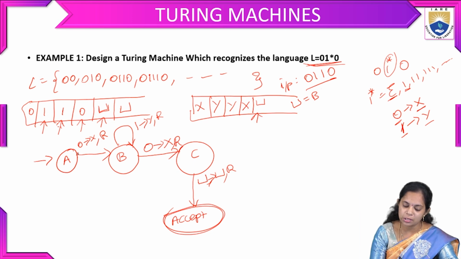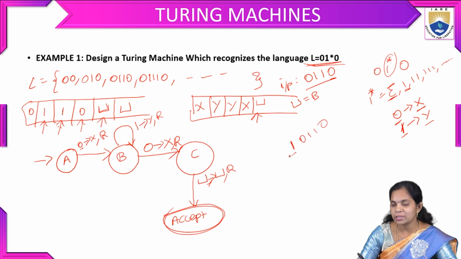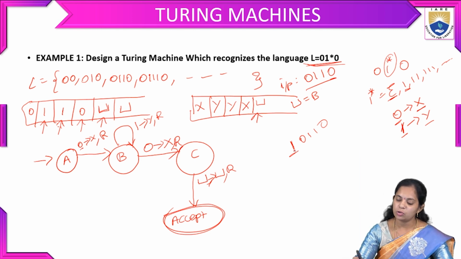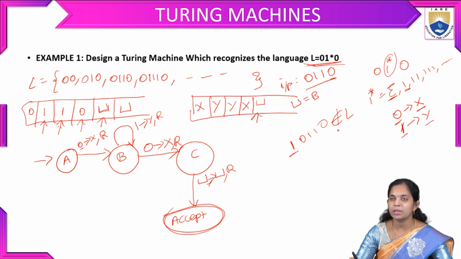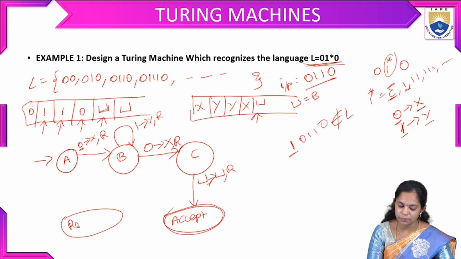We already have the 0 input, and from state A, whenever 1 is given, as in the input string 0110, a starting 1 does not belong to this language. So whenever the initial state A has 1 as an input symbol, it has to go to the result state.